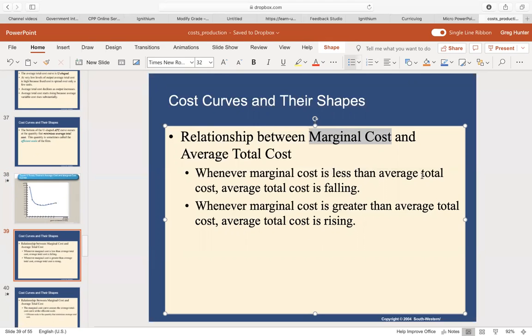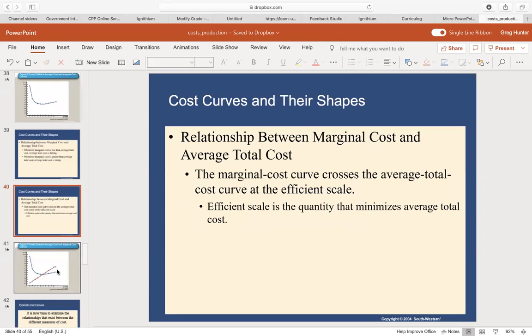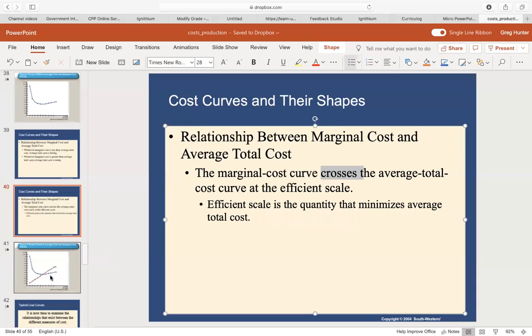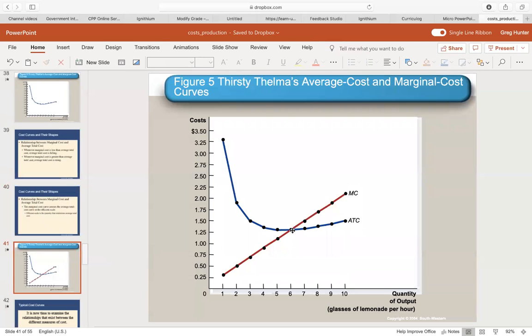But graphically, the relationship is as follows. Whenever the marginal cost is less than the average total cost, then average total cost is going to be falling. And whenever the marginal cost is greater than the average total cost, then the average total cost is going to be rising. If you put those two statements together, then it has to be the case that the marginal cost curve intersects the average total cost curve at the average total cost curve's minimum point, at the efficient scale.